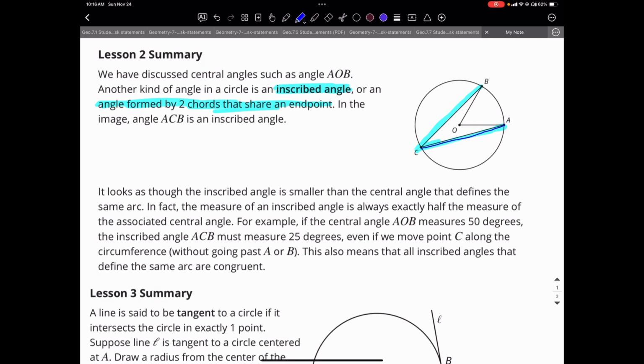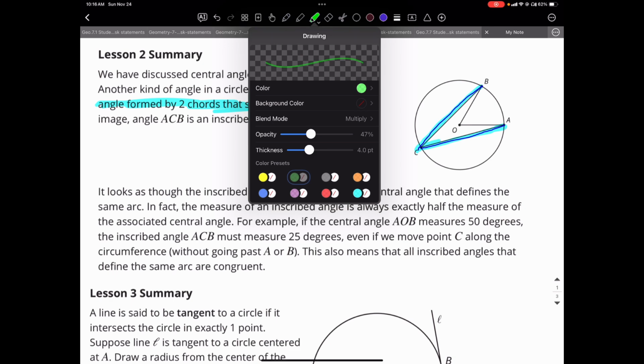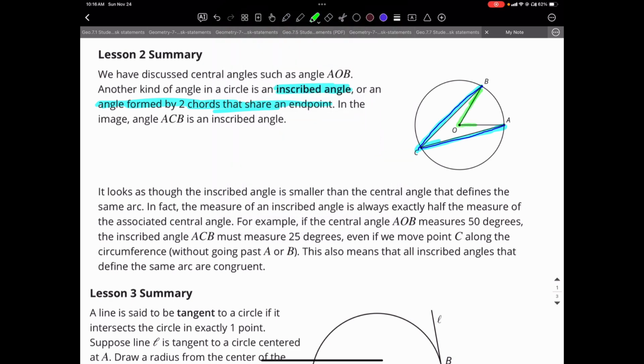In the previous lesson, we talked about this being a central angle, so AOB or BOA would be a central angle. There's some relationship between these angles and their arc measures that you need to know.